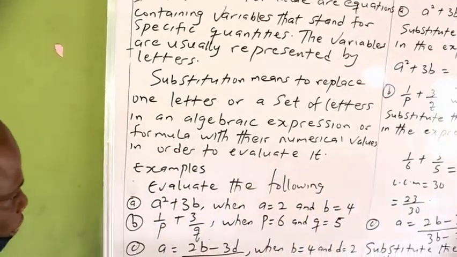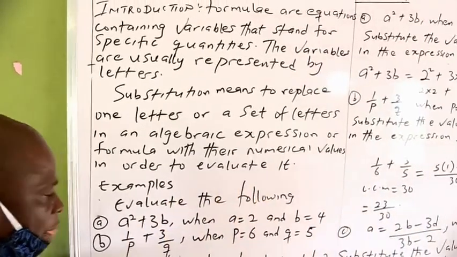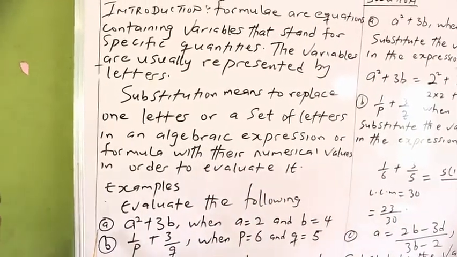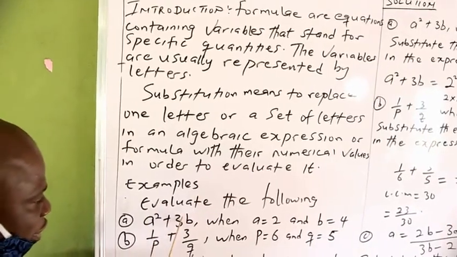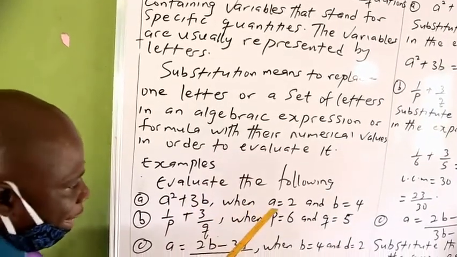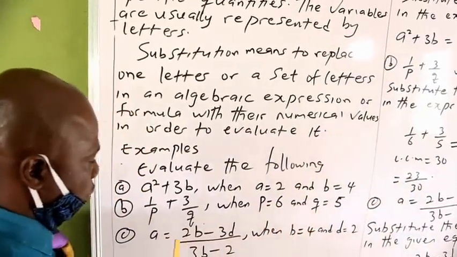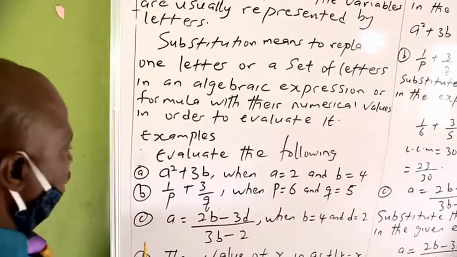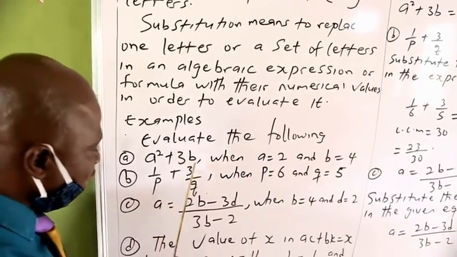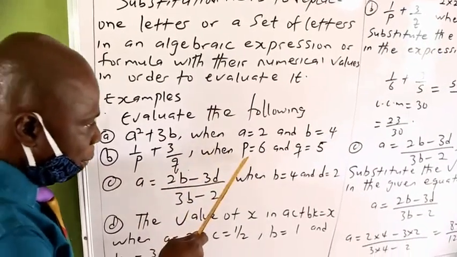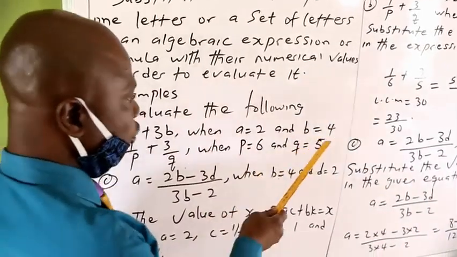Example. Evaluate the following. A, a squared plus 3b when a is equal to 2 and b is equal to 4. B, 1 over p plus 3 over q when p is equal to 6 and q is equal to 5.